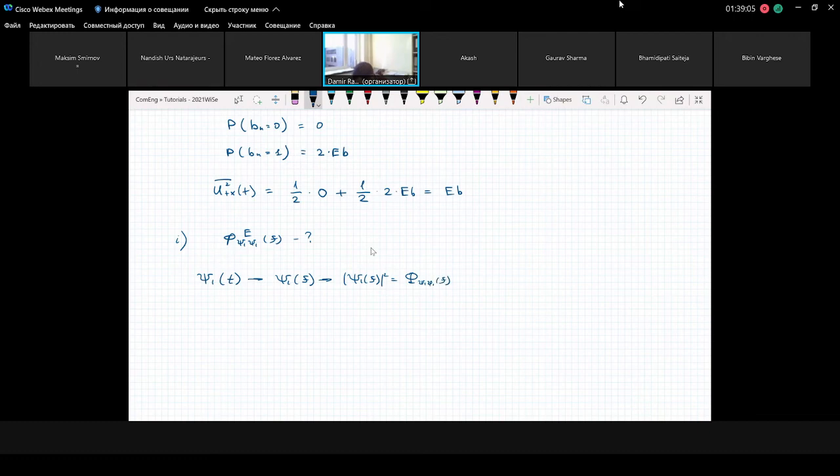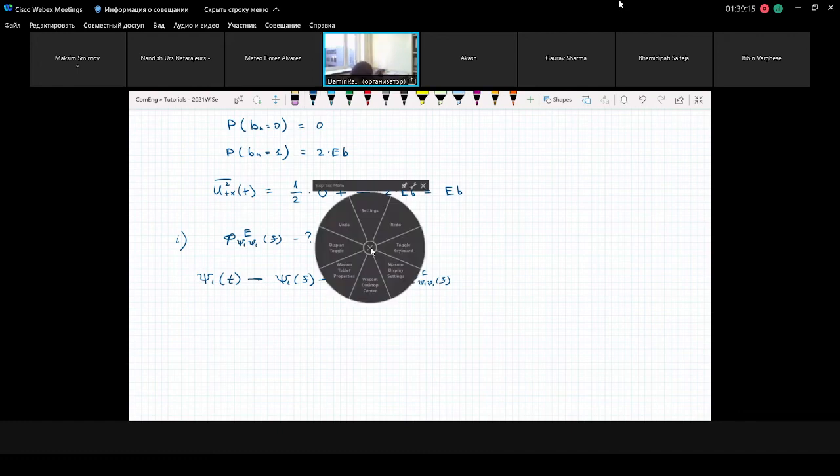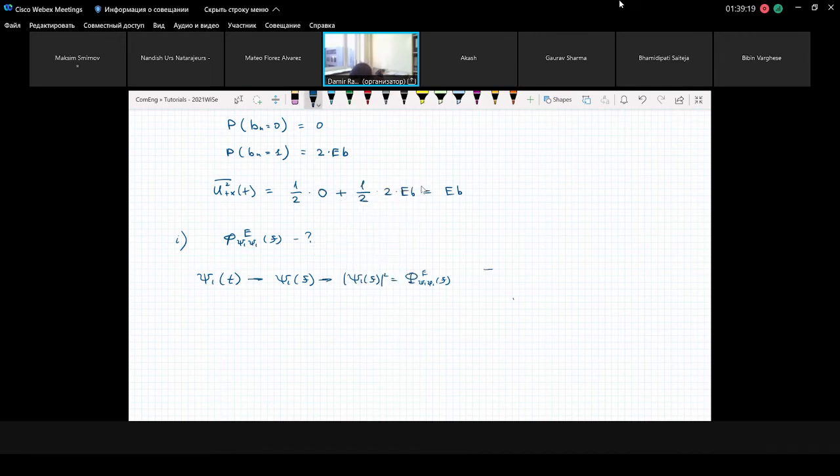I just want to remind you that our basis function itself is a rectangular pulse, from 0 to TB, with amplitude 1 over square root of TB. So this is our basis function.